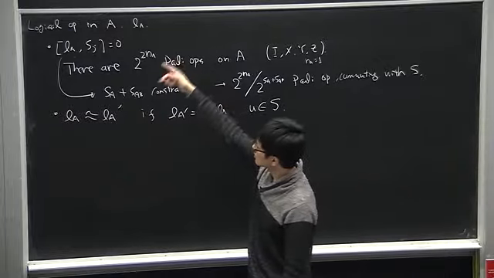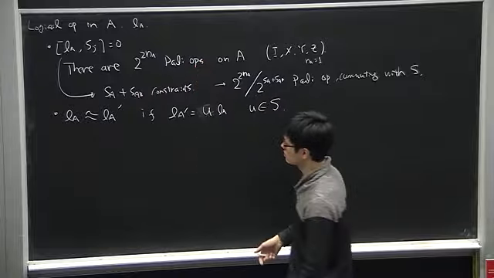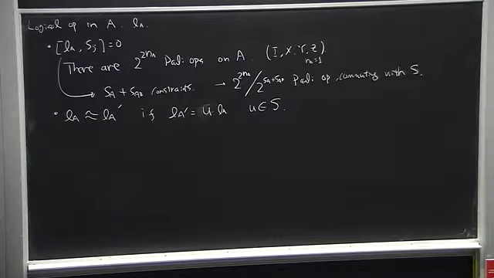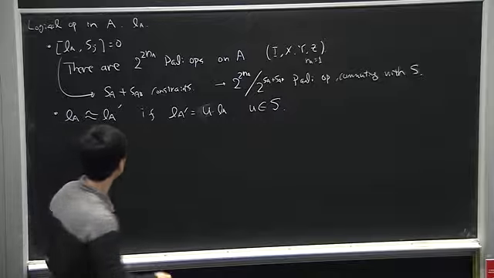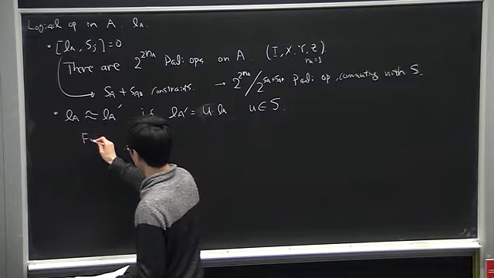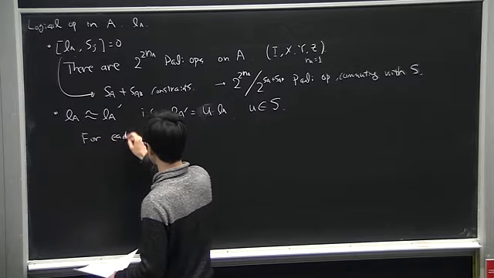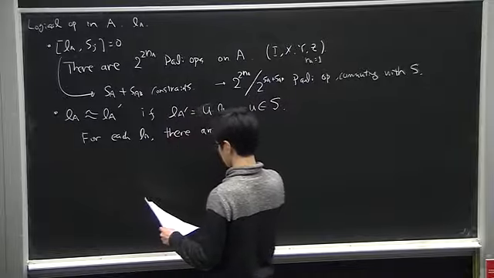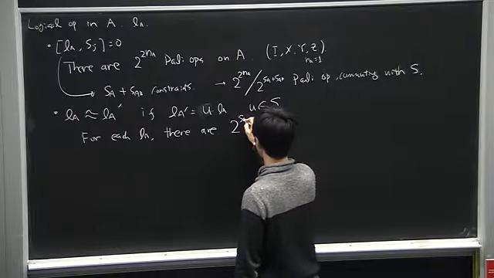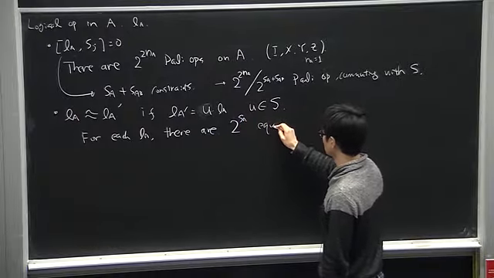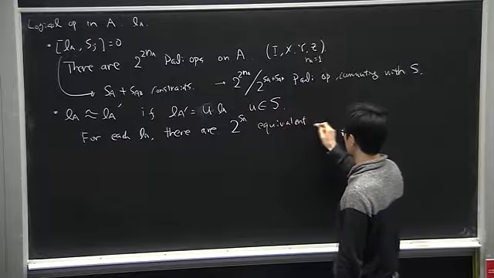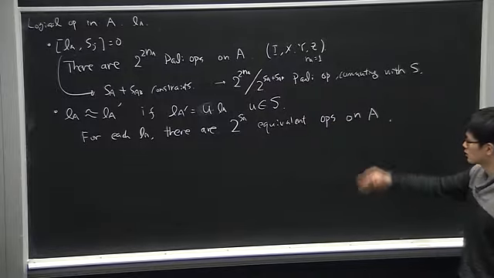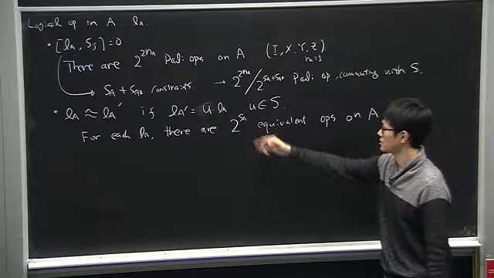Now, LA are the operators defined on A, and there are SA generators of stabilizers which are completely supported on A. So for each LA, there are 2 to the SA equivalent operators on A.